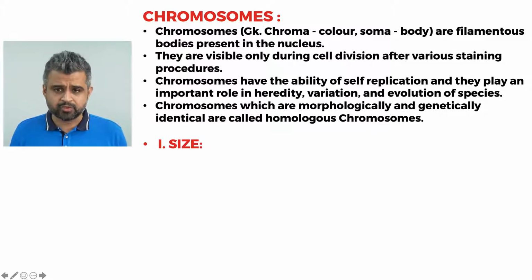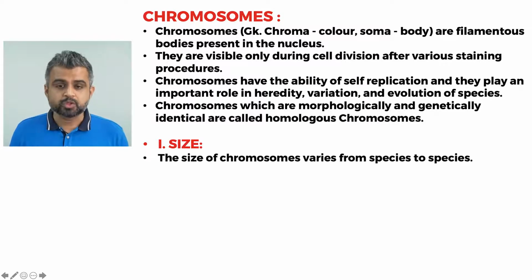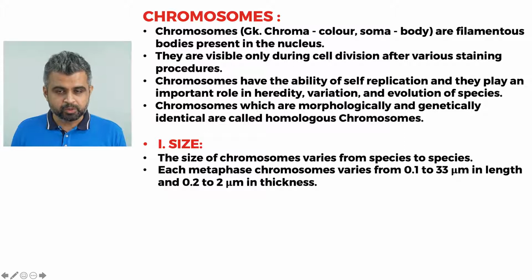Now, what about the size of chromosomes? The size of chromosomes varies from species to species. If we speak about human beings in general, the metaphase chromosome. So here is why it is important to know about cell division, because we are using the word metaphase. So you know that the M phase in cell division comprises of prophase, metaphase, anaphase, and telophase. Prophase is when the chromosomes actually start to appear within the nucleus.